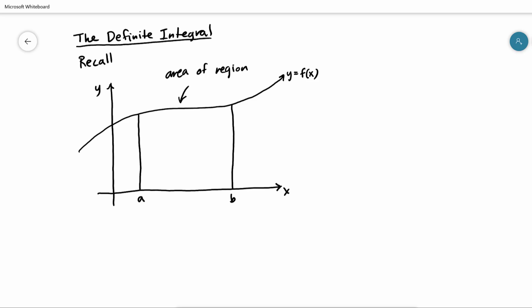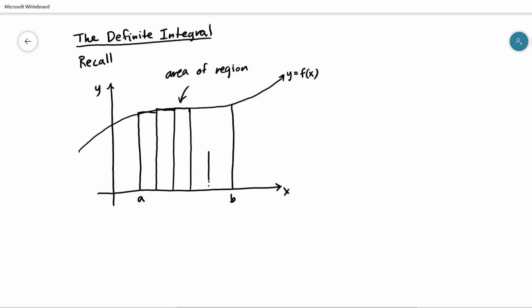The way that we found that area was by chopping up this large area into a bunch of rectangles. So I put a rectangle here, put a rectangle here, put a rectangle here, and so on, all the way to the end. And we pick some point where we're going to basically pick the heights of all of these things.